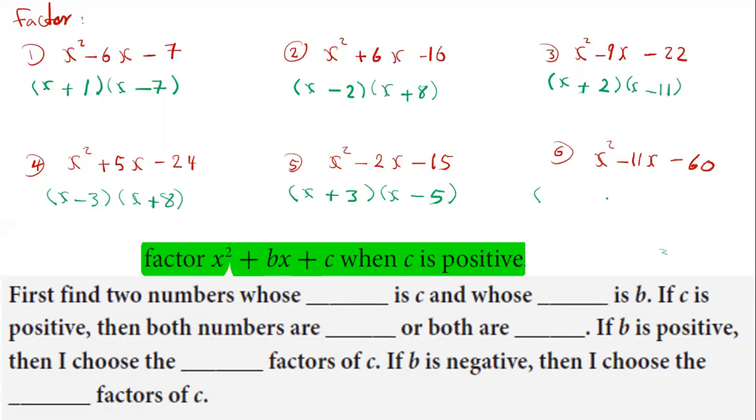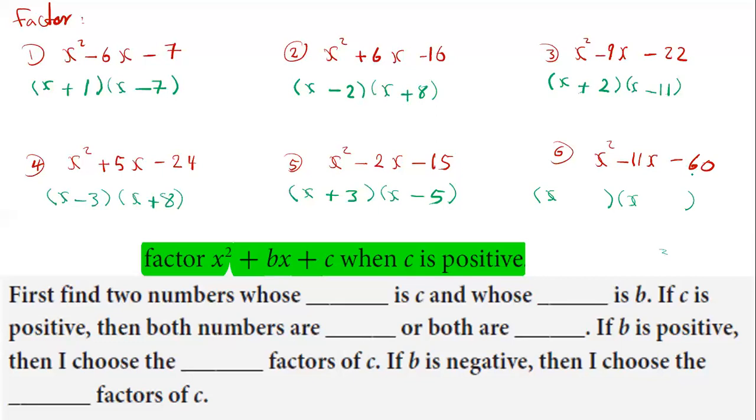Okay, number 6. x squared will be factorized as x times x. Now, two numbers, their product is 60 and their difference is 11. I have a lot of factors of 60: 6 times 10, but the difference between them will not be 11.